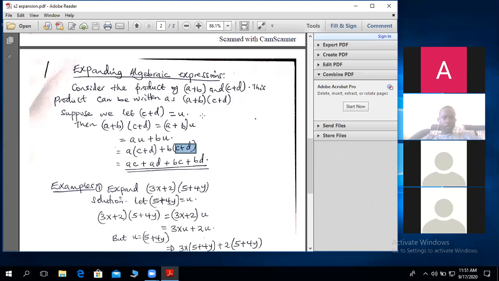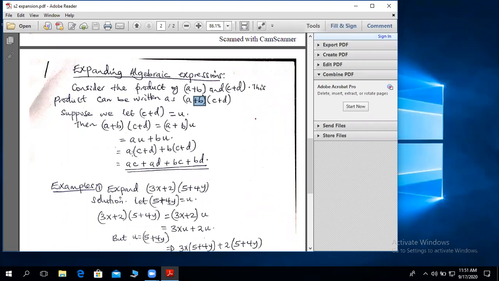Note, if this is negative, you take the number the way it is as a negative, so this one would have been minus B. If this A was negative, then this one would have been minus A. And a negative times a positive, the answer is a negative.